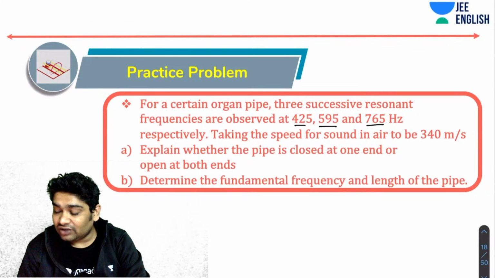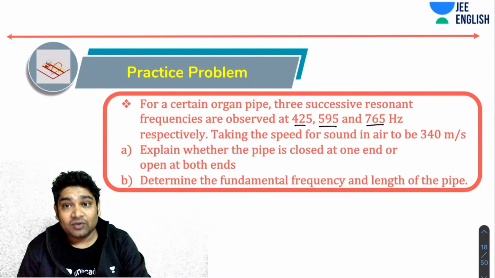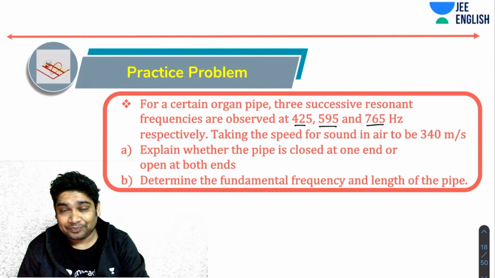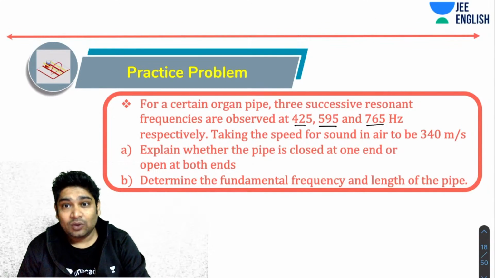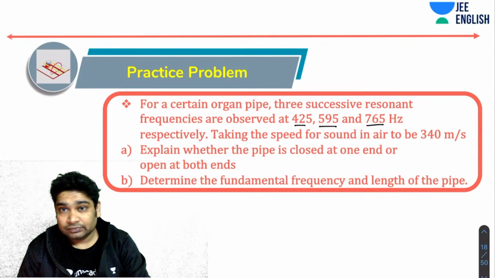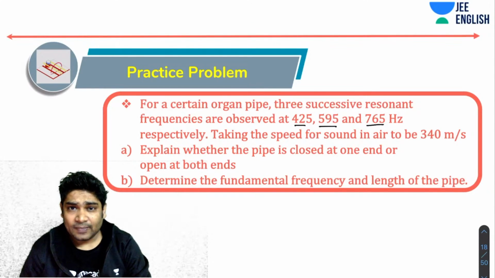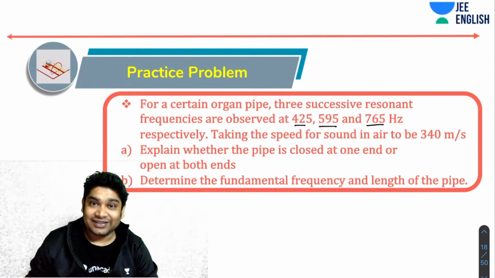Taking the speed of sound in air to be 340, explain whether the pipe is closed-ended or open at both the ends. Also determine the fundamental frequency and length of the pipe. Okay. So try this. Let's see if we can figure this out.